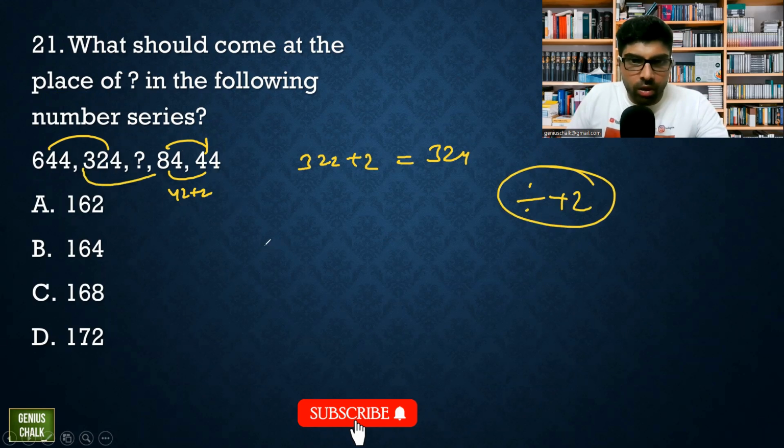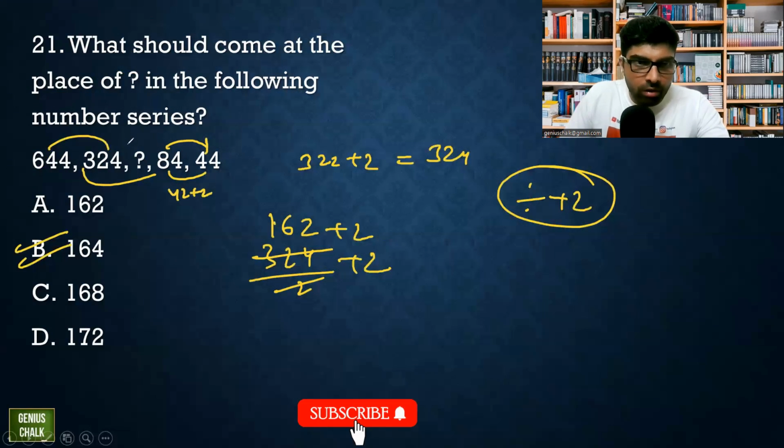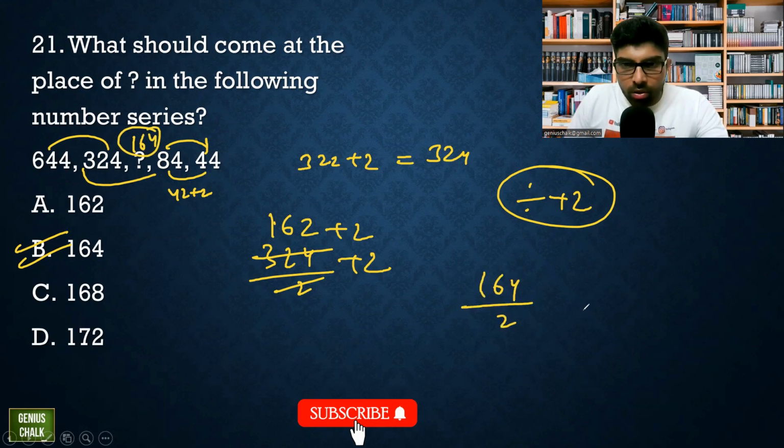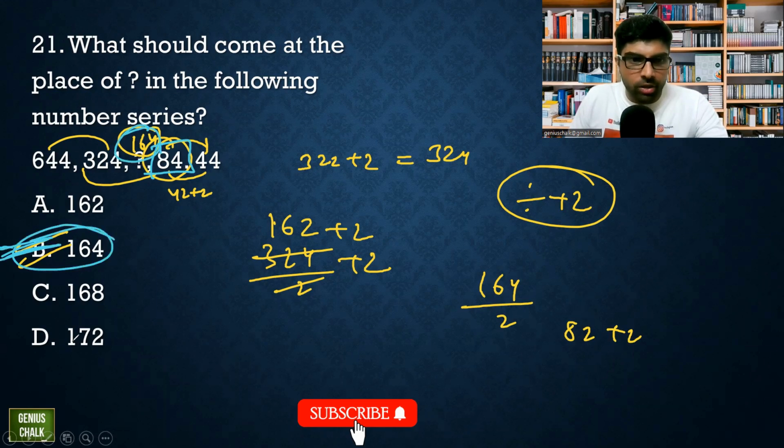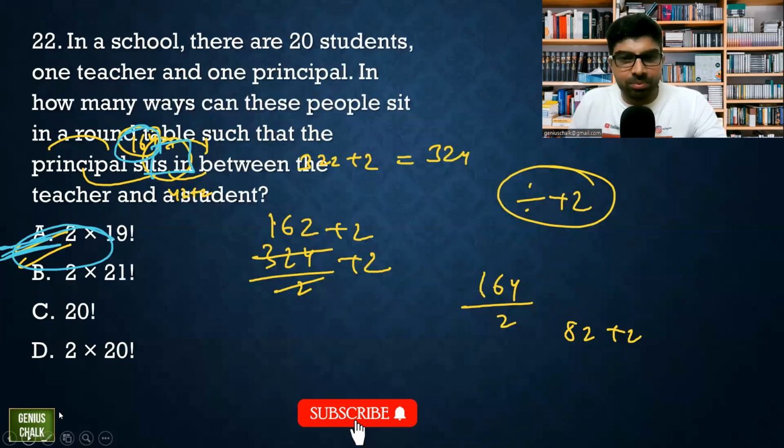So what is 324 divided by 2, plus 2? That is 162 plus 2. That is 164. And we can verify it. 164 divided by 2 is 82, plus 2, 84. Yes, it's correct. 84 is written there after 164. So 164 has to be my correct answer.